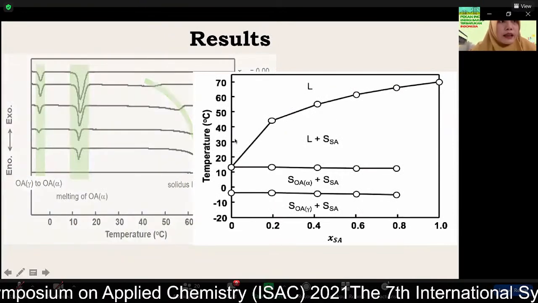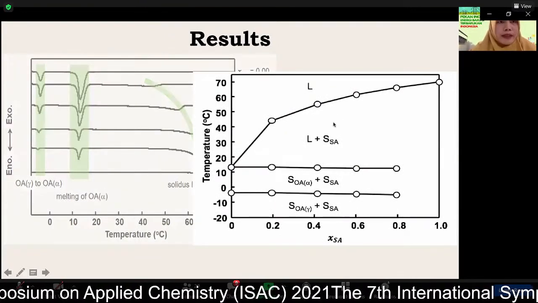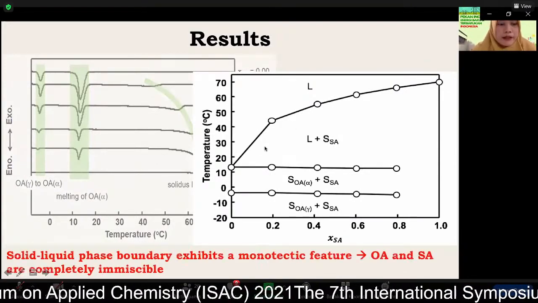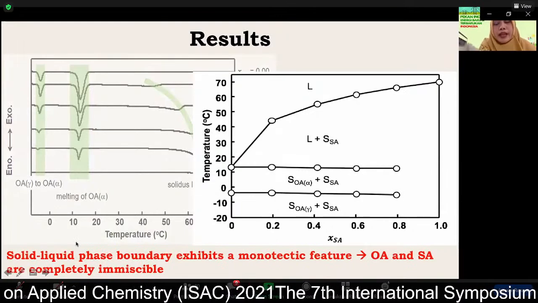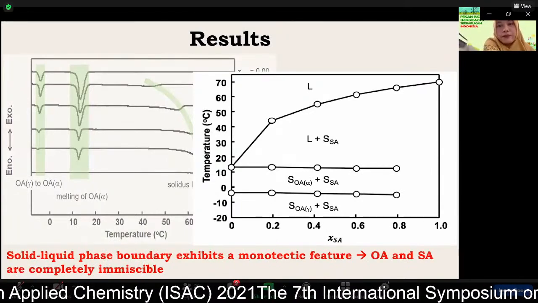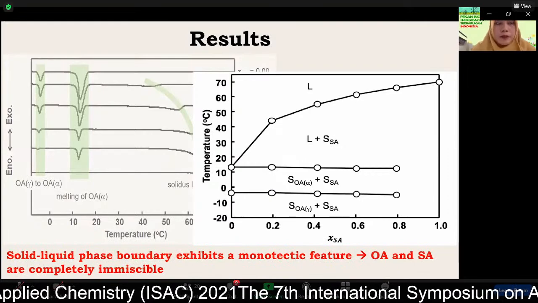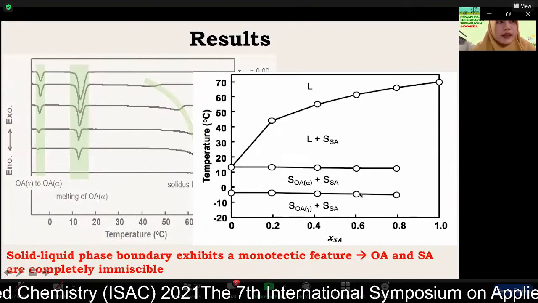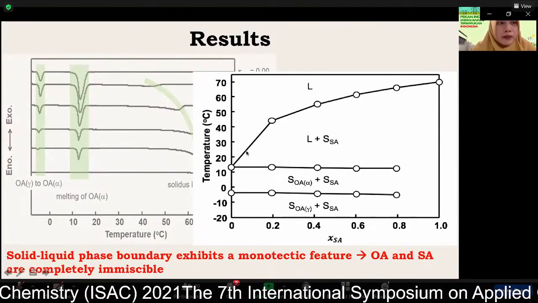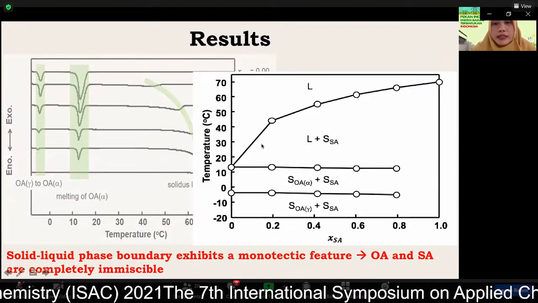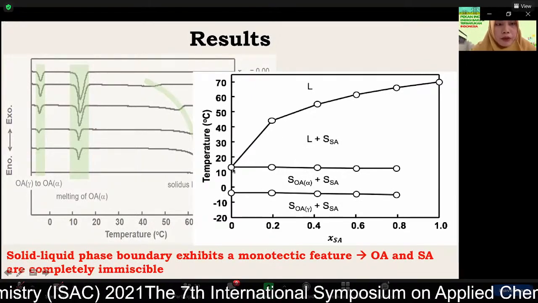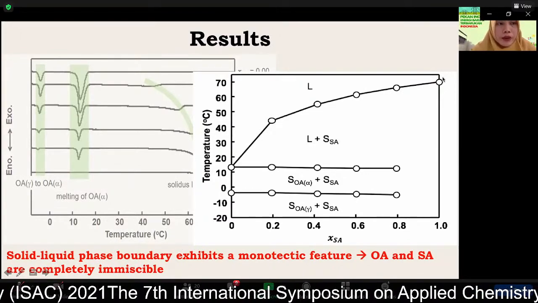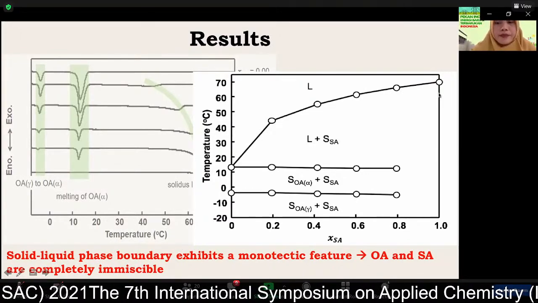And this is the solid-liquid phase diagram of stearic acid and oleic acid. We can understand that the solid-liquid phase boundary exhibits a monotectic feature, which is composed of a horizontal solidus line and a liquidus line, which increases monotonously starting from the melting point of oleic acid to the melting point of pure stearic acid.